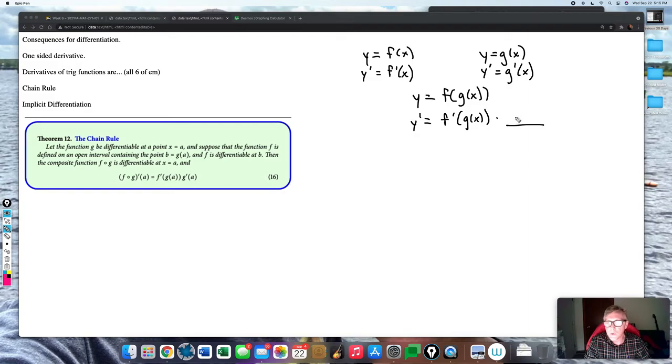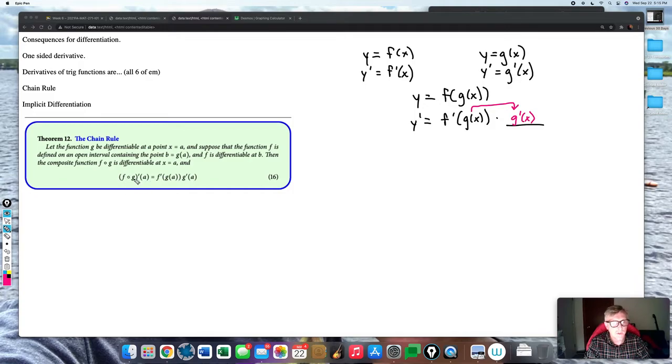what needs to go here is the derivative of the input function. So it's kind of like the outer function f is chained to the inside. So it's the derivative of the outer function with the original input times the derivative of the input. That's kind of what they're saying over here, right?